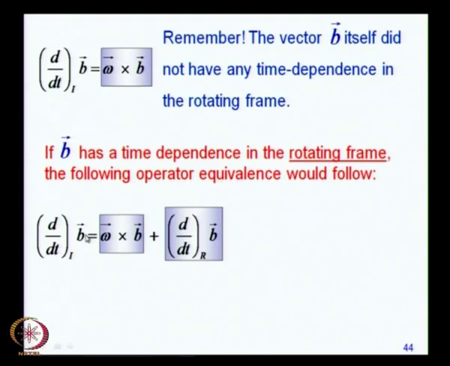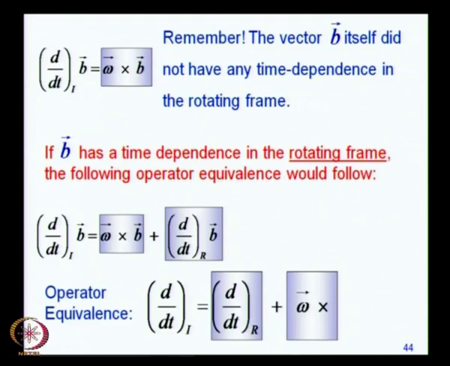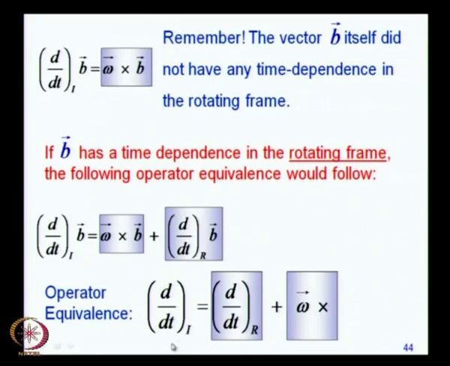So, this is the simple additive expression, and we can use this to generate an operator equivalence, because the vector b was completely arbitrary. The corresponding operator equivalence is given by this, that the time derivative operator in the inertial frame of reference is completely equivalent to the time derivative operator in the rotating frame of reference plus a cross product involving the angular velocity.